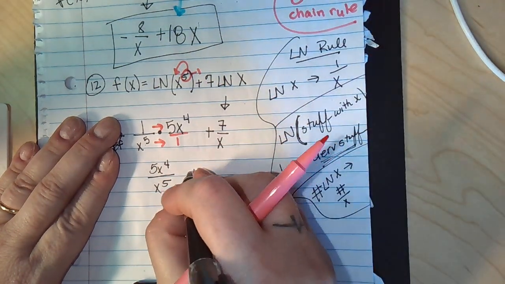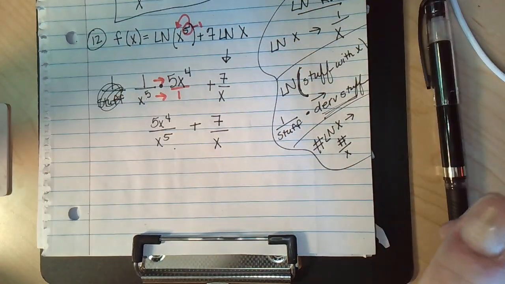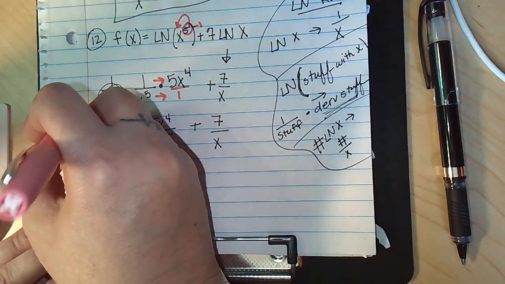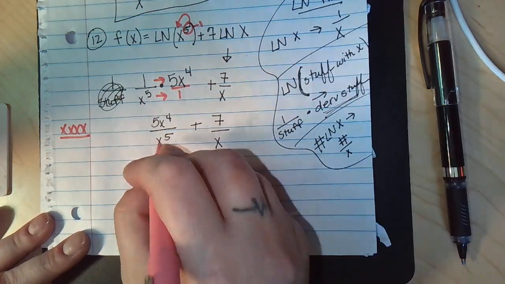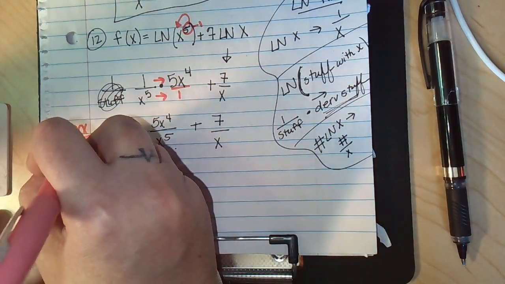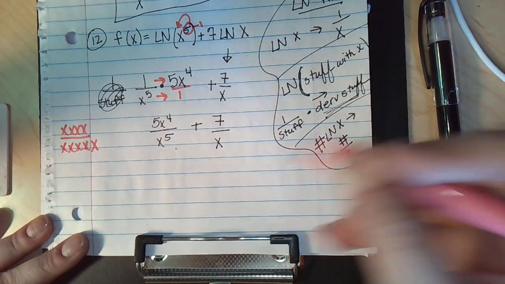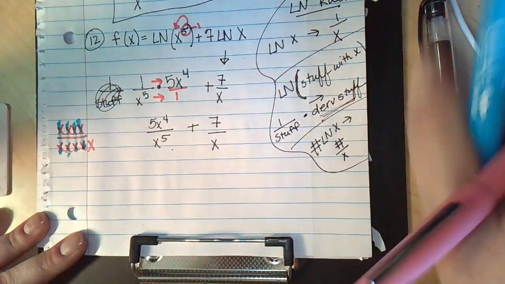Then we still have plus this big fat 7 over x. This x to the 4 really means 4 x's multiplying, and x to the 5 means 5 x's multiplying. You can cancel one from the top, one from the bottom, and so on.